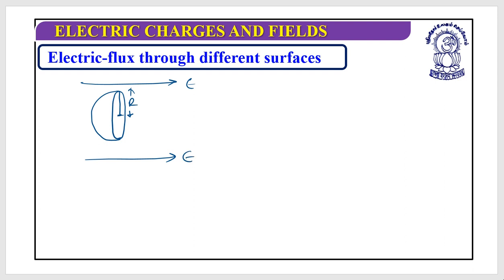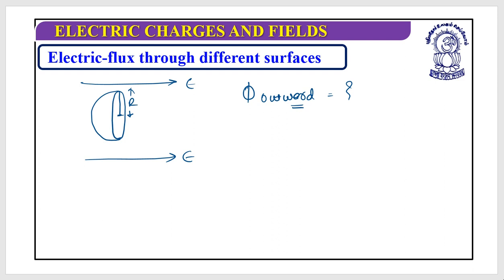If I want to find the outward flux, how could I find it? Look at this very carefully.